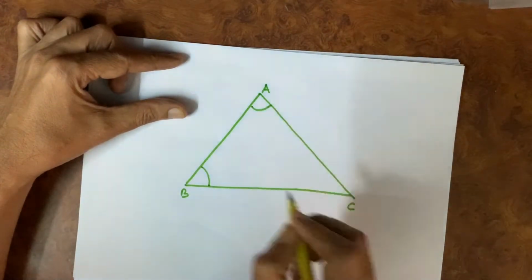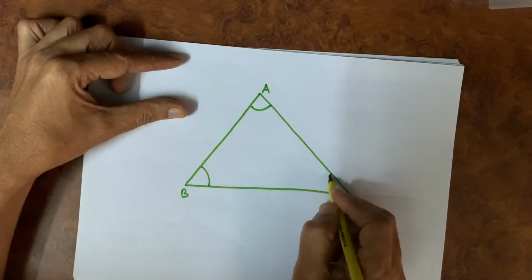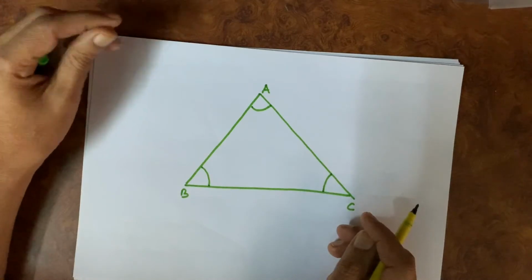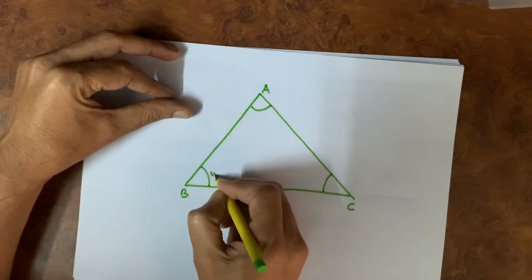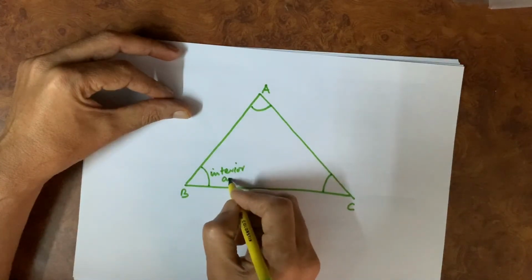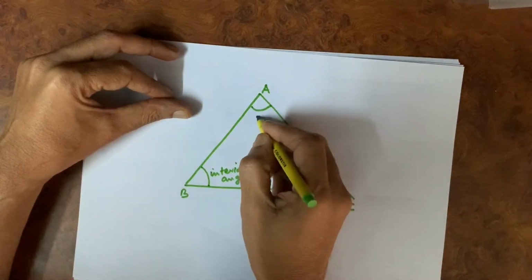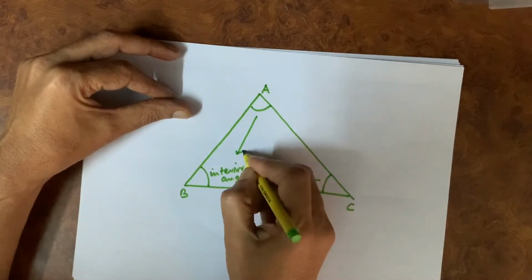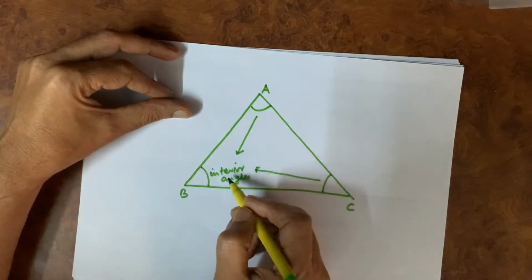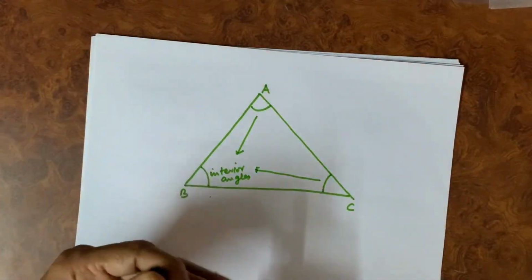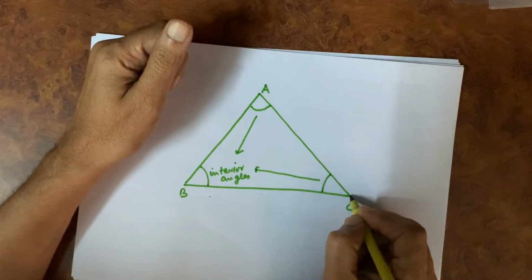These three angles are called interior angles. And what are exterior angles of a triangle?